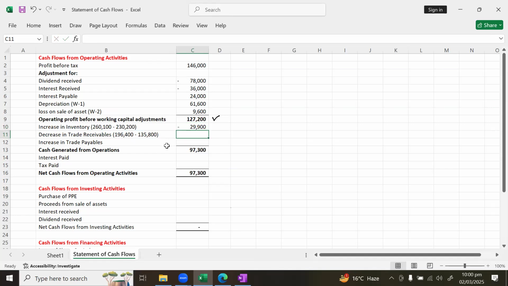Same receivables have also increased. So 196,400 minus 135,800 is 60,600.